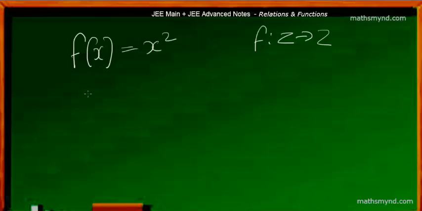Now it simply means that you have the x values, you have the y values. Suppose you are taking 2, you'll be getting 4. Now, as far as sets of countable numbers are concerned, we are dealing with countable infinite sets.